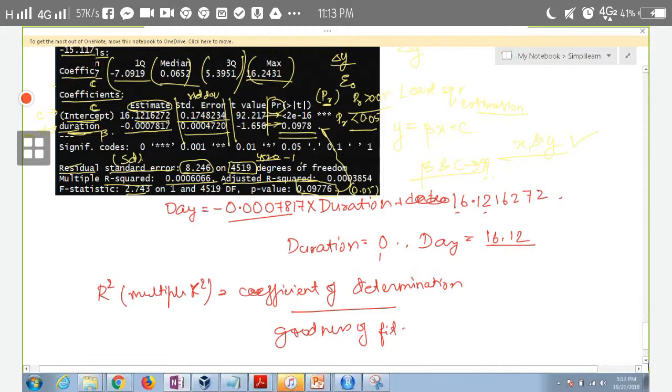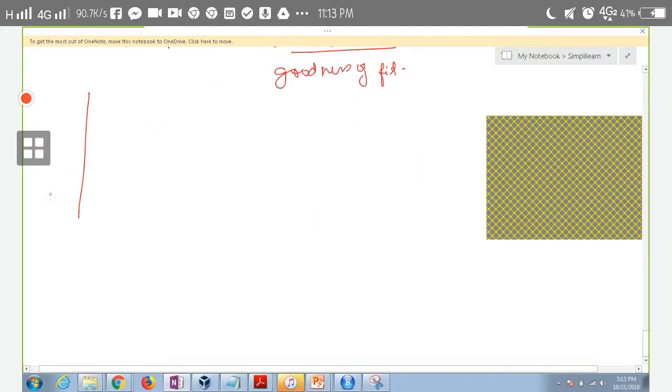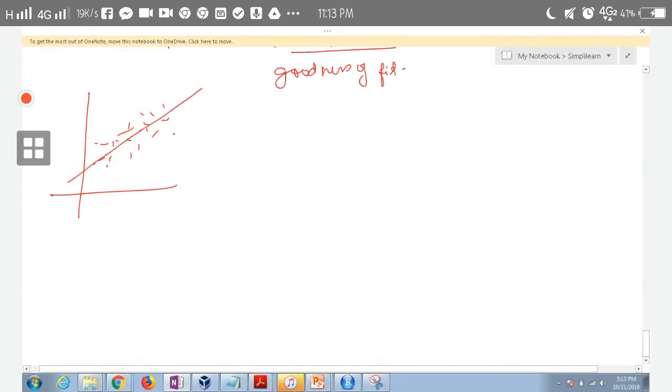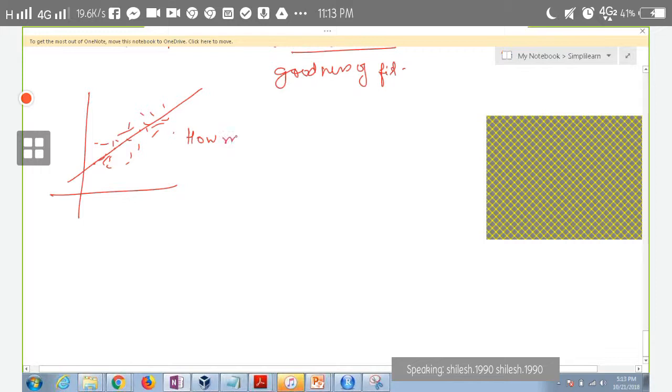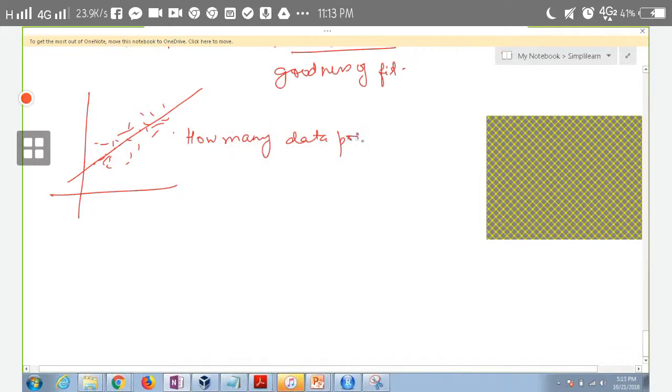Now what is goodness of fit? Let us say this is your equation, this is my data set, and this is my model line. So how many data points agree with my model?